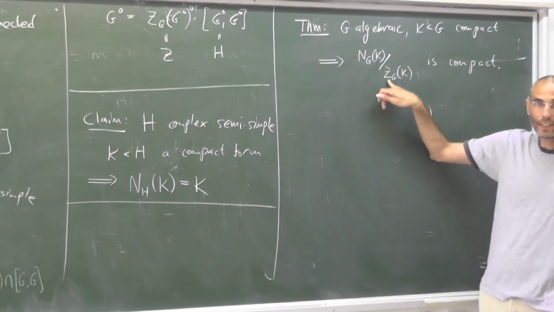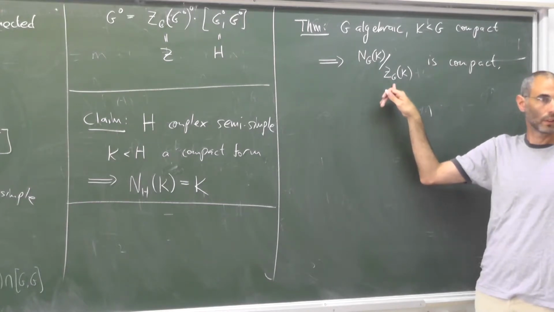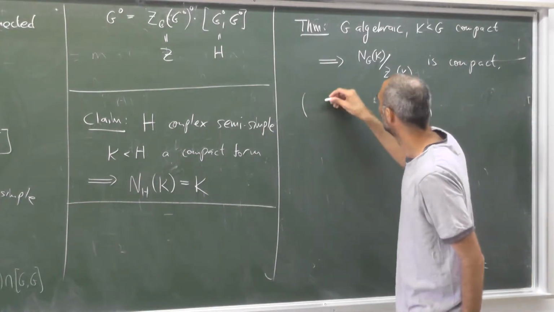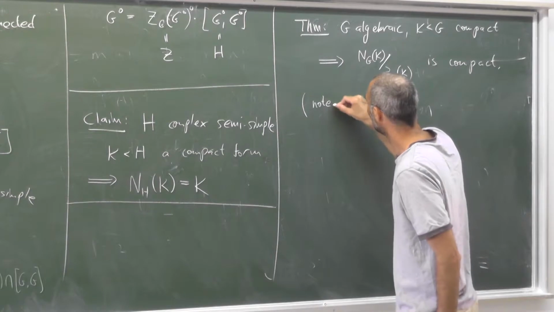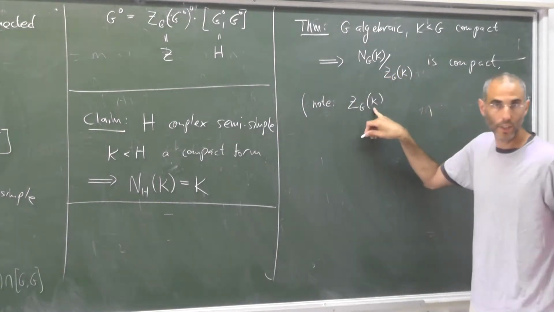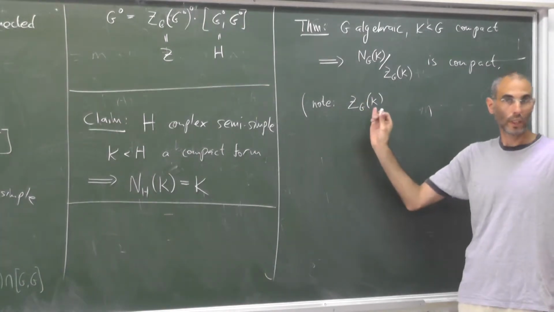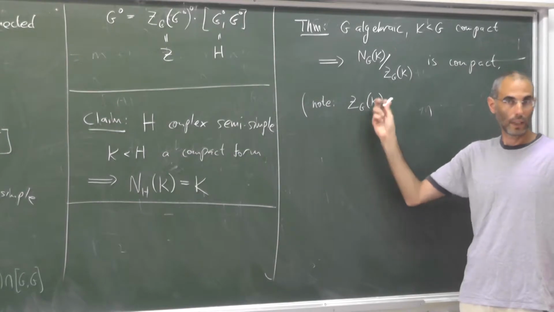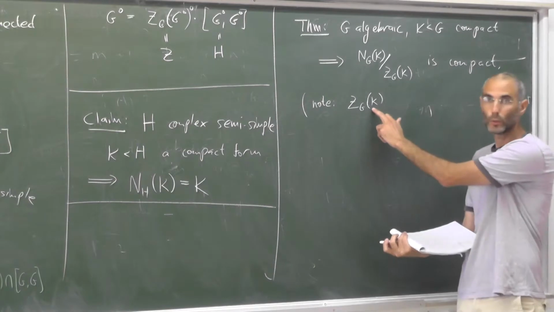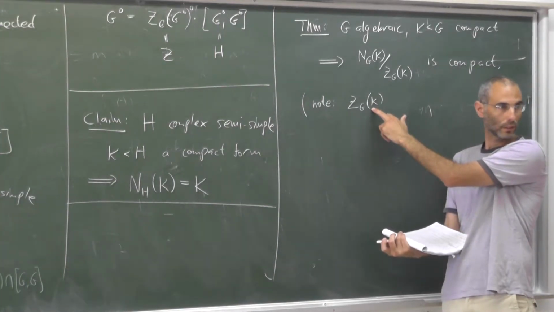Now, the centralizer of K, to centralize, to commute with something, is a Zariski closed condition, right? So note, if I'm commuting with elements of K, this is just the intersection of things in G that commute with each element of K, right? Each of those is, whatever commutes with some little K, an algebraic piece.